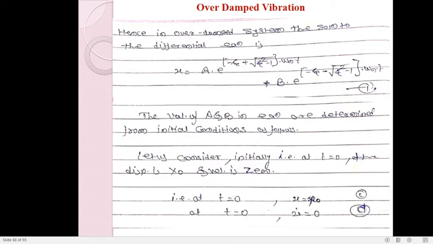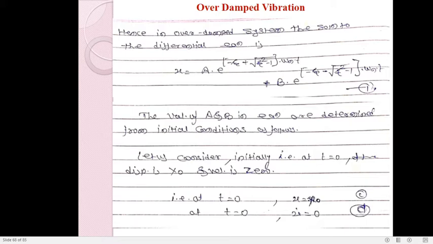The values of a and b in the above equation can be determined from the initial conditions as follows. Let us consider that initially, that is at t equals 0, the displacement is capital X0 and the velocity is 0. What is the meaning of this initial condition? Let us take the example of a pendulum.